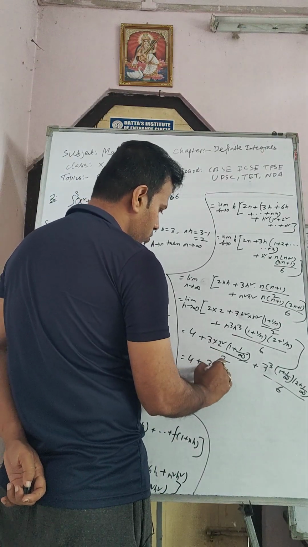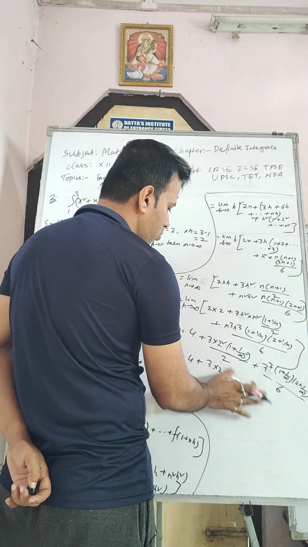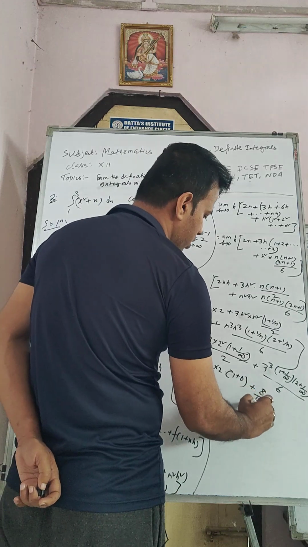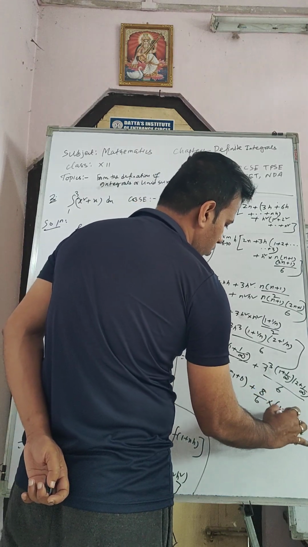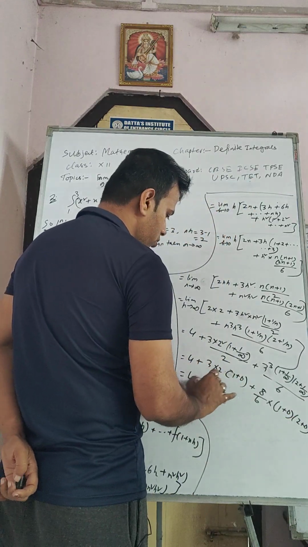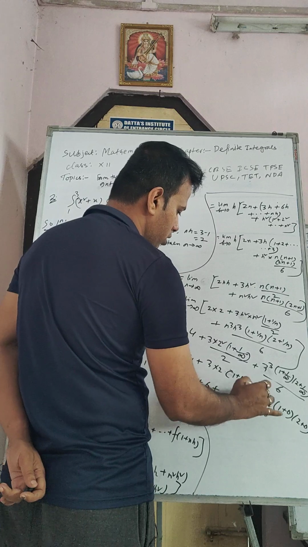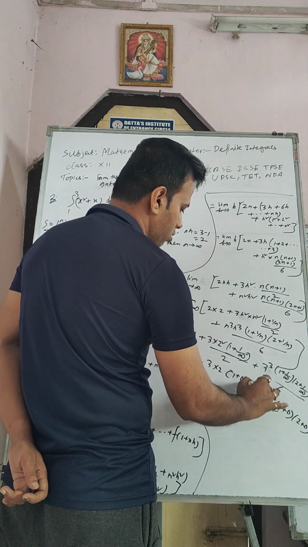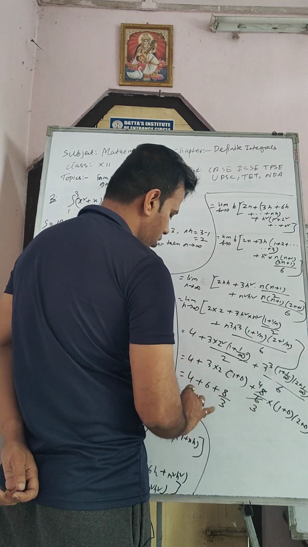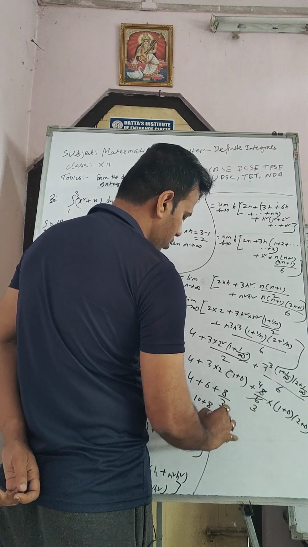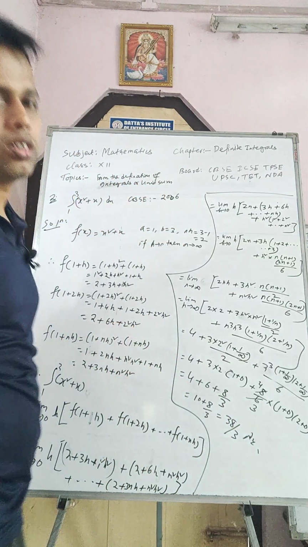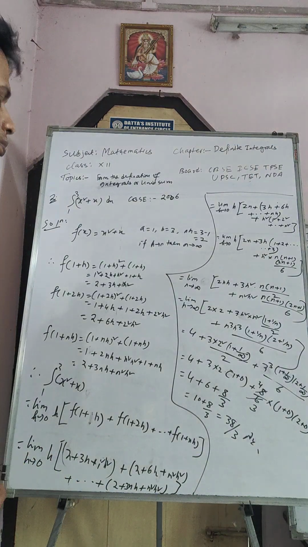It will be 1 plus 0, and here it will be 8 by 6 into 1 plus 0, 2 plus 0. So 4 plus 6, plus 8 by 3, that is 10 plus 8 by 3, that is 38 by 3. So 38 by 3 is the answer.